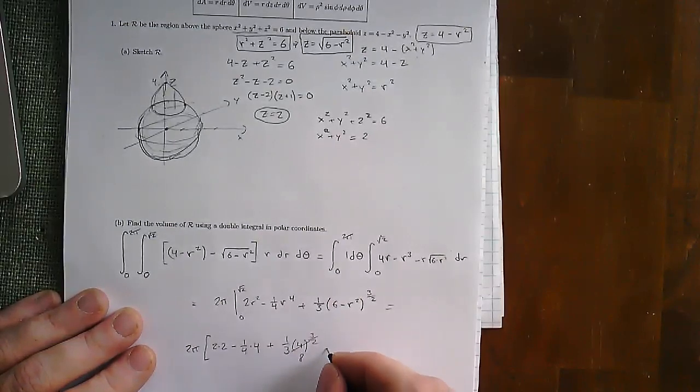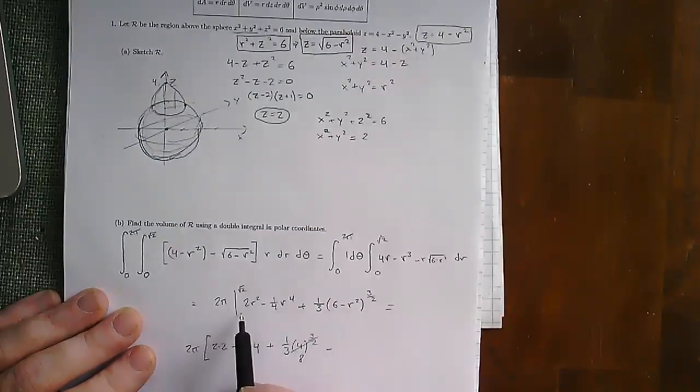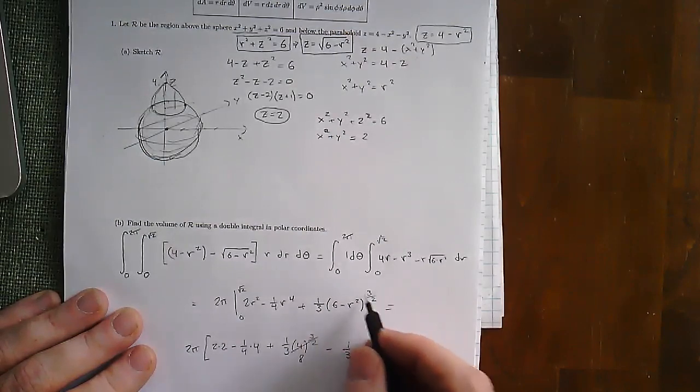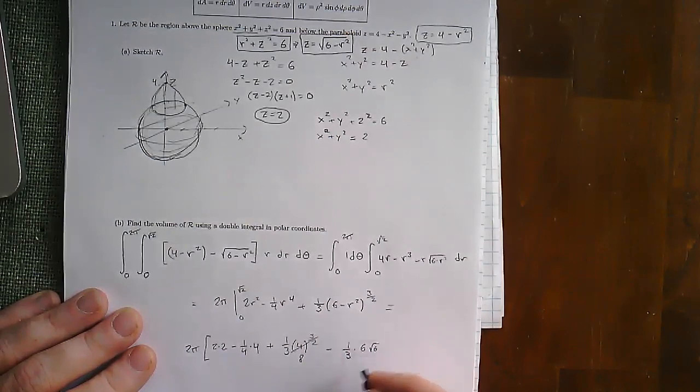And then subtract these same things plugged into 0, so 0, 0. And then this last part here, that would be 1/3, 6 to the 3/2. So 6 to the 3/2, that's root 6 cubed. So I can write that as 6 root 6, or again, simplified, that would just be 2 root 6.